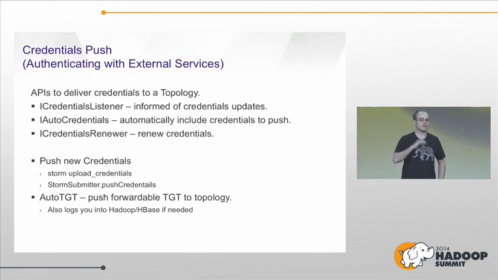We'll take that TGT, and if it's a forwardable TGT, which means I can send it off to other nodes in the system, we'll ship that off for you, so that things like HBase, HDFS, and whatnot, you can automatically communicate with.